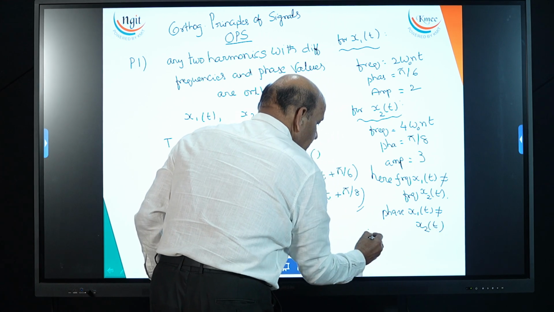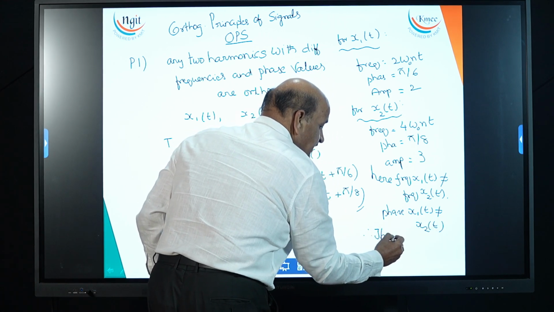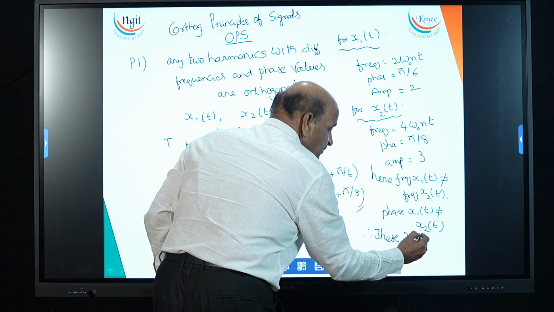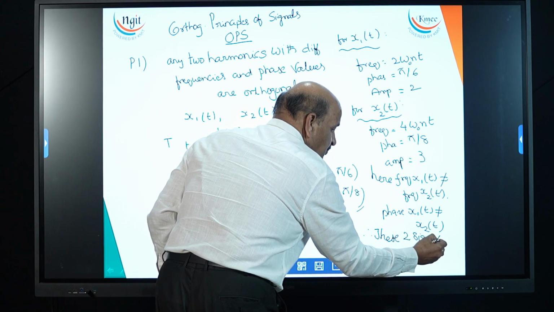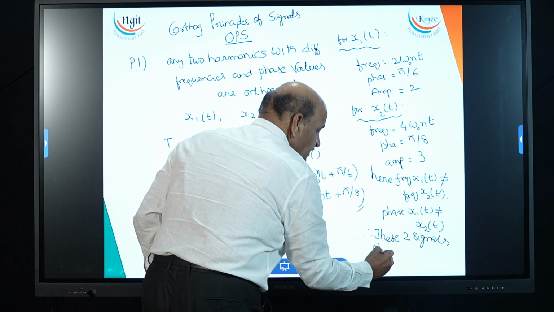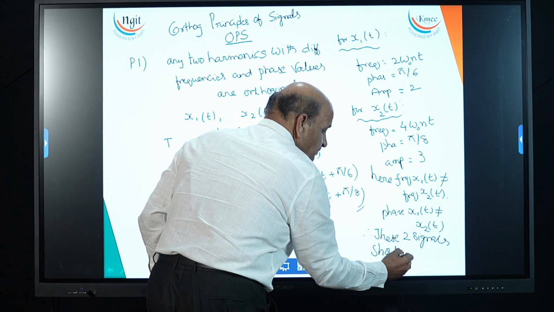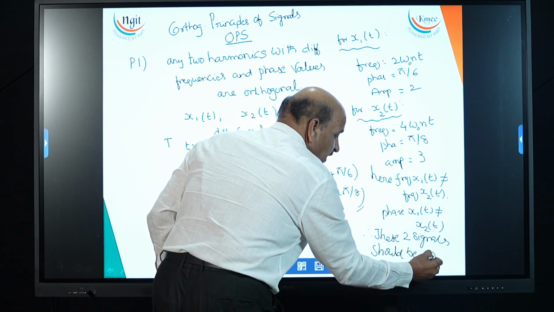Therefore, these two signals should be orthogonal.